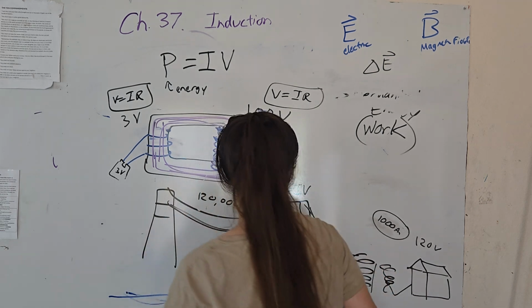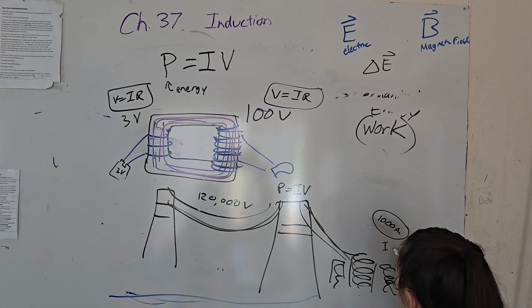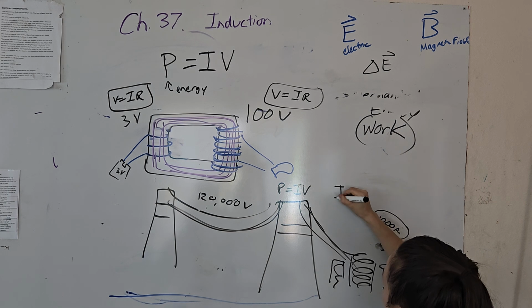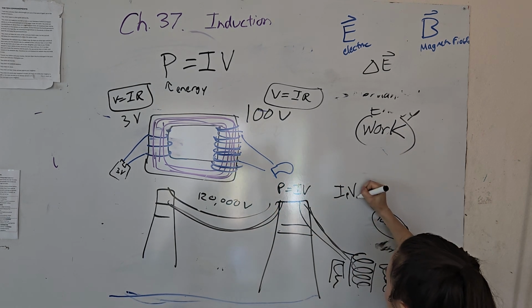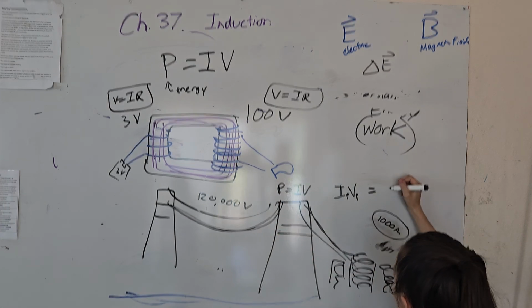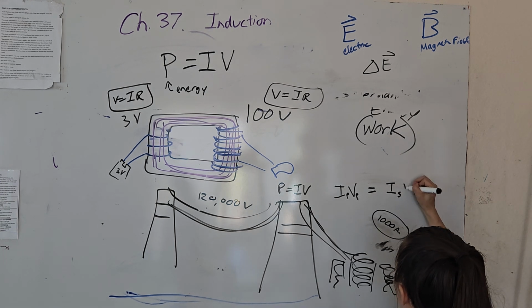You're the secondary circuit. The current in the power lines, the primary, times the voltage in the massive power lines is the same as the current split into your home, secondary, times the voltage, secondary.